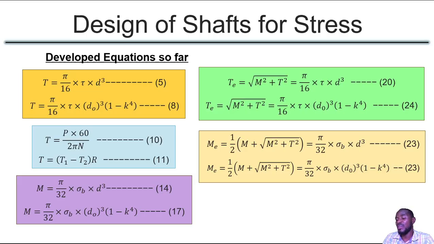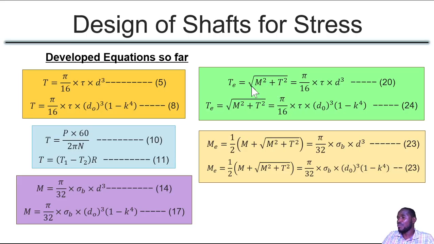So we know that there are bending moments and there are torsional or twisting moments occurring in the shaft, but we assume that it's just a case of shear stress, a case of only torsional moments. But we now find the equivalent torsional moments, which will be a factor of both the bending moments in the shaft and the torque to be transmitted.